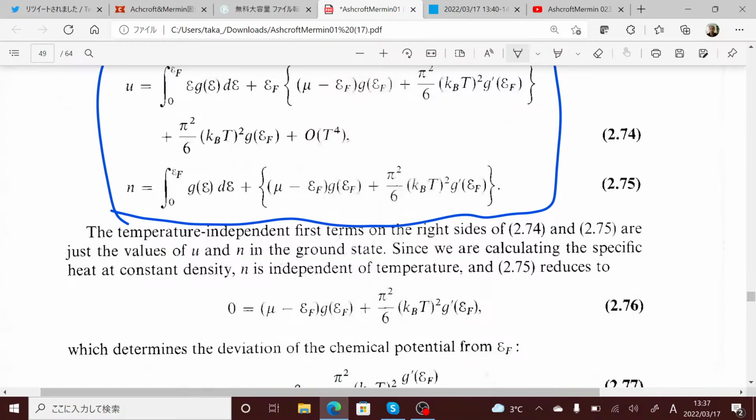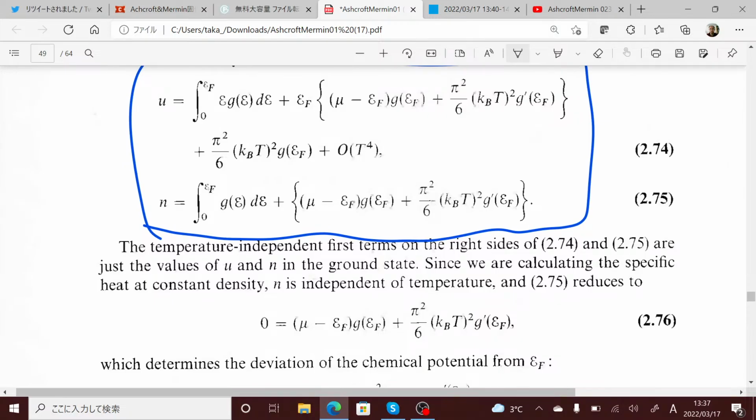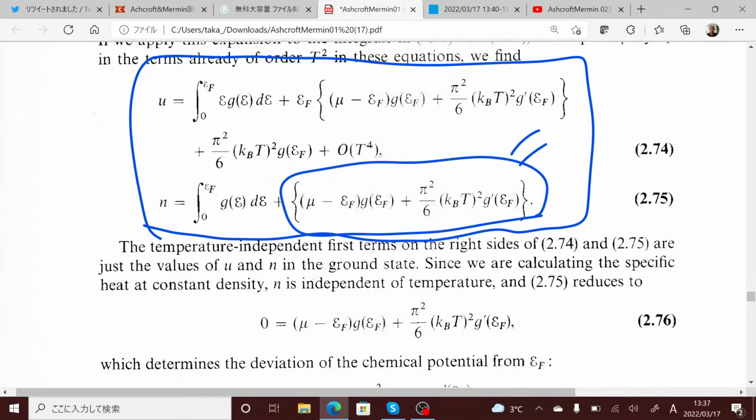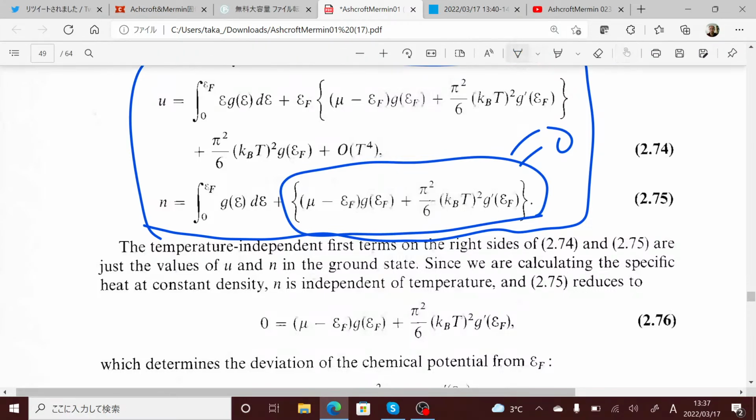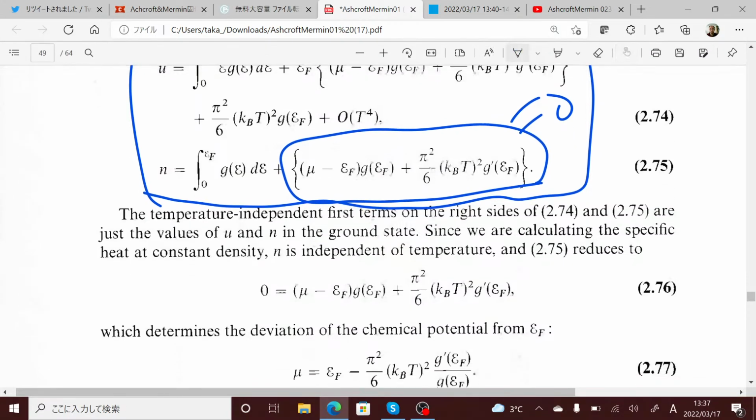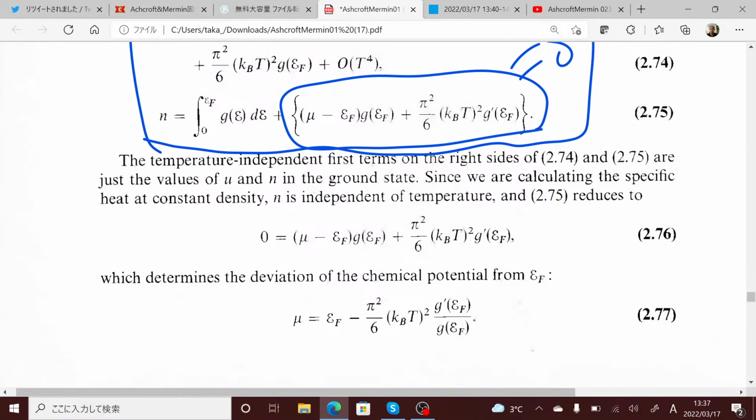This has to be 0, which determines the deviation of the chemical potential from epsilon F.